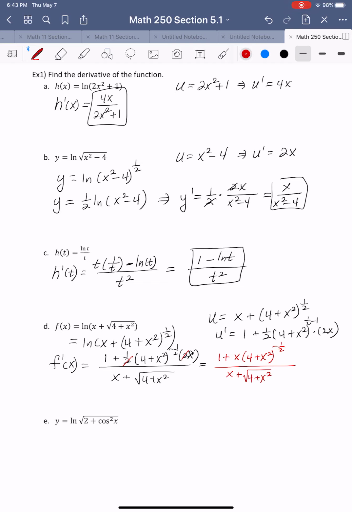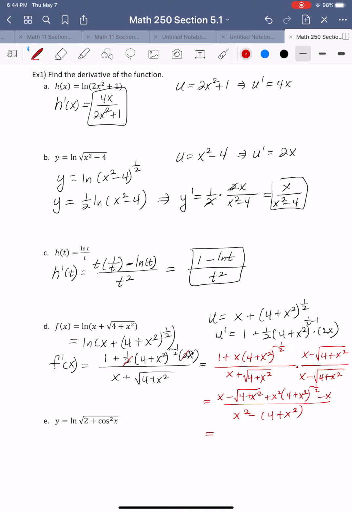And then I want to multiply by x minus the square root of 4 plus x squared on both sides, because I want to rationalize it. And then by multiplying, I get x minus the square root of 4 plus x squared, plus x squared times 4 plus x squared with a negative half power, minus x. And then x squared minus 4 plus x squared.